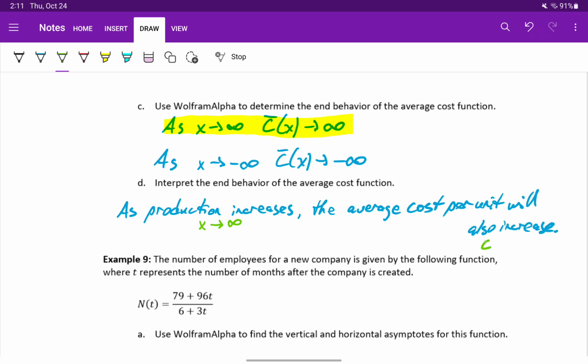And we know that because C bar of X is headed to infinity. So if we continue to increase production, we're also going to continue to increase the average cost per individual unit to produce.